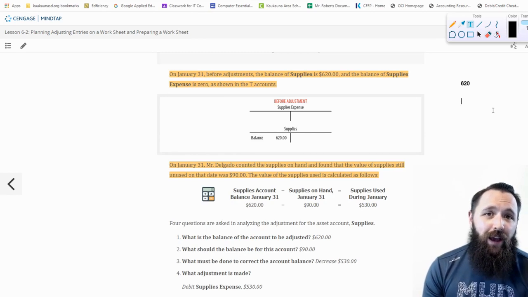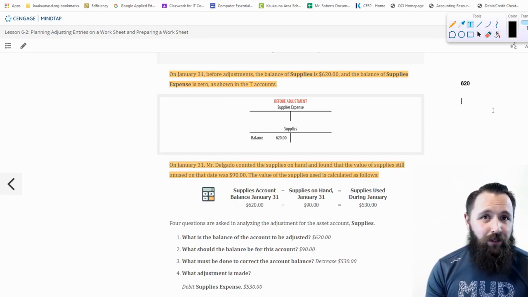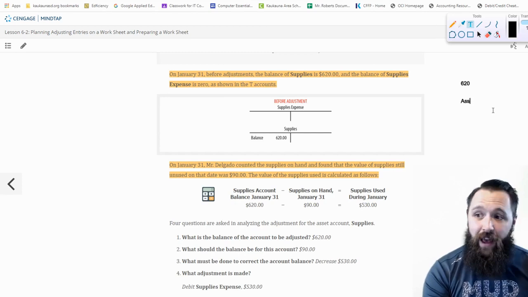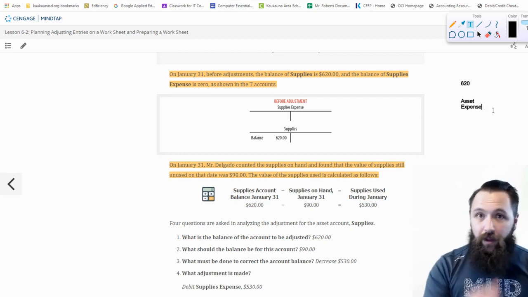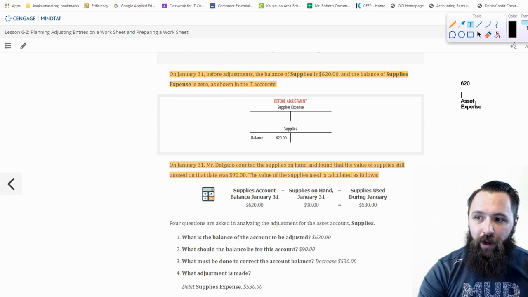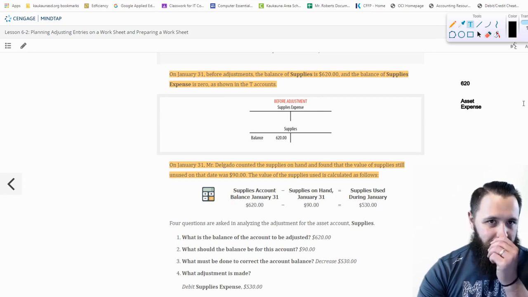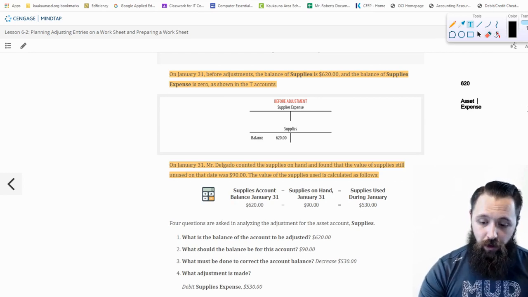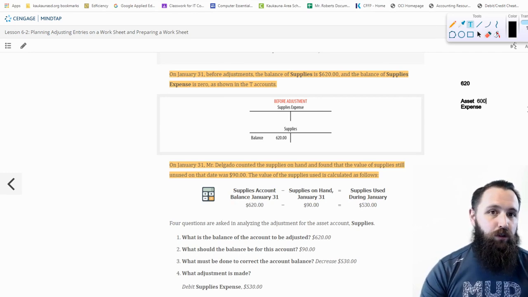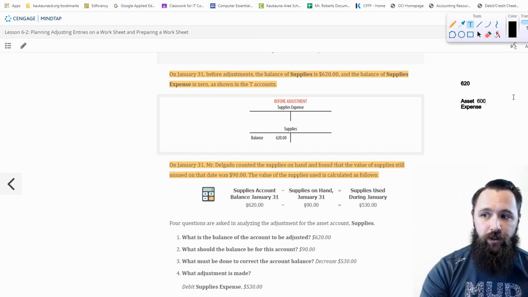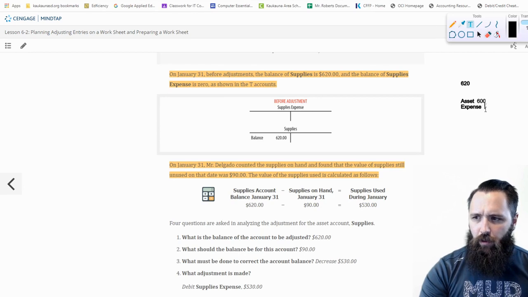This 620 has to go in one of two places, okay? It could still be an asset, which means that we still have it. Or the other thing is it's already gone and we've used it. So this 620, no matter what, is going to go in one of these two things. If I have $600 worth of supplies on January 31st, what's my expenses here? Oh, this is real weird. What's my expenses? My expenses is 20, okay?